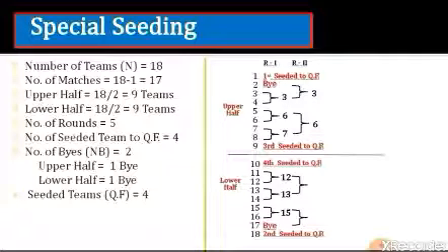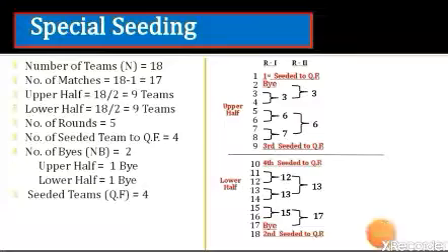In the match between 6 and 7, 6 becomes the winner and enters the third round. In the match between 12 and 13, 13 becomes the winner and enters the third round. In the match between 15 and 17, 17 becomes the winner and enters the third round.